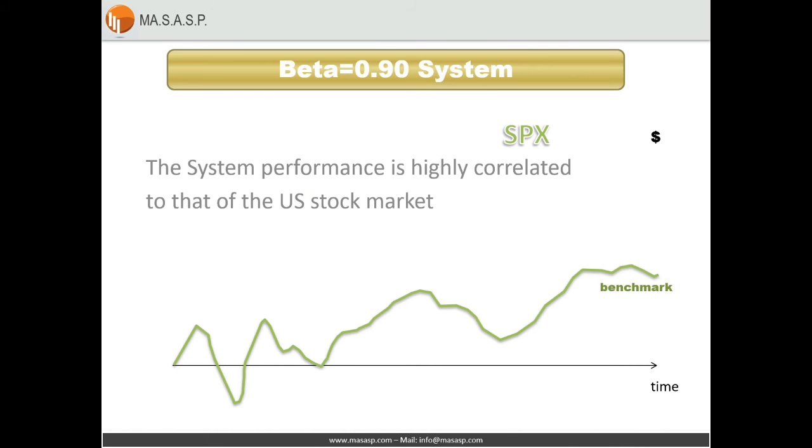Let's see what a highly correlated system looks like. A system with a beta close to 1, let's say 0.90. The plot of its returns over time is rather overlapped with that of the US stock index over time.